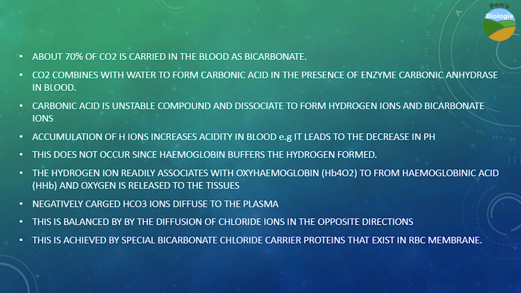Maximum carrying capacity of arterial blood is 20 ml per 100 ml of blood. It means it is 100% saturated. This is achieved at an oxygen pressure of 100 mm mercury.